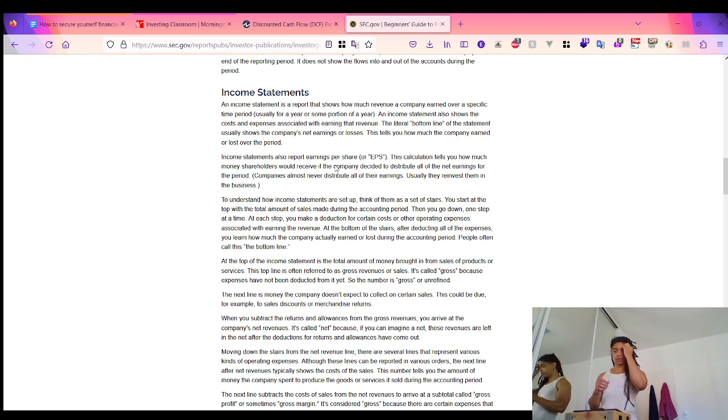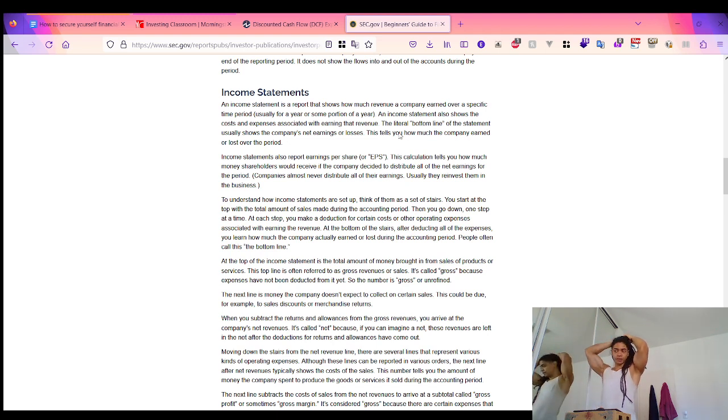On top of that, it shows how much revenue a company made in a period of time, so it might be quarterly or annually, right? And the bottom line of this statement usually shows the company's net earnings or losses.